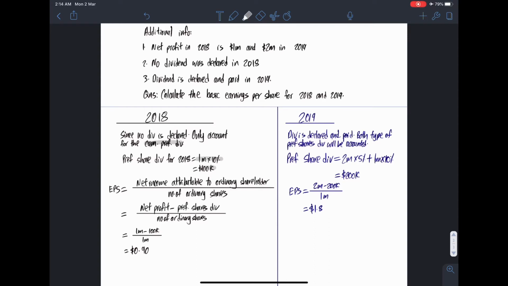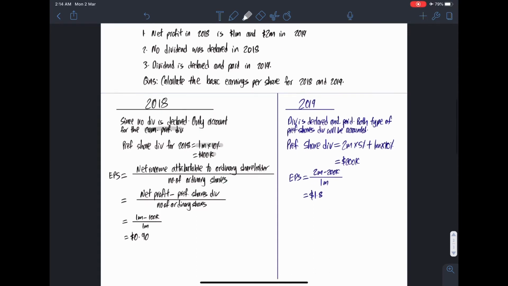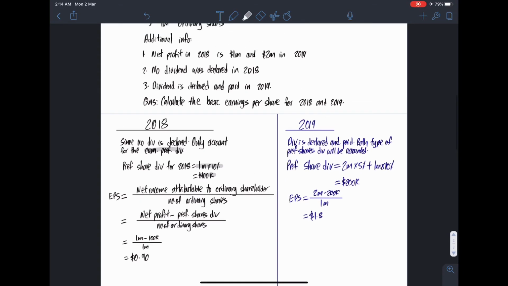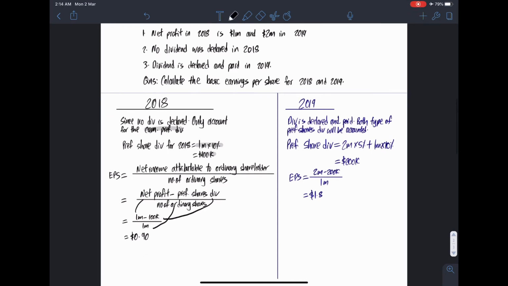The EPS formula, as we went through in the last video, is NIATOS divided by the number of outstanding ordinary shares. So simply plug in the figures: 1 million for net profit, 100,000 for preference share dividends, and 1 million for the number of ordinary shares. So EPS for the year will be 90 cents.